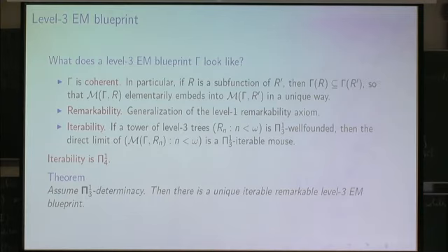So it is as if something Π^1_3 happens, then eventually the direct limit of the system of elementary embeddings between EM models is a Π^1_3 iterable mouse. Just as with level 1 sharp, assuming Π^1_3 determinacy, there is a unique iterable remarkable level 3 EM blueprint, which is the higher level analog of: assuming Π^1_1 determinacy, there is a unique well-founded remarkable level 1 EM blueprint, which is called 0 sharp.